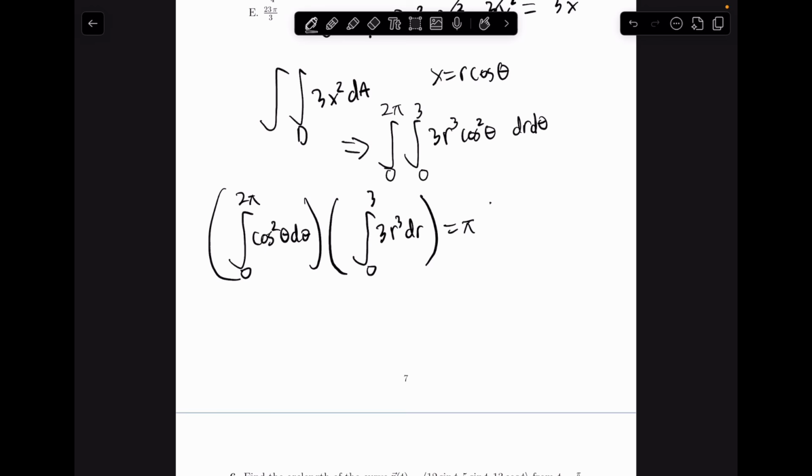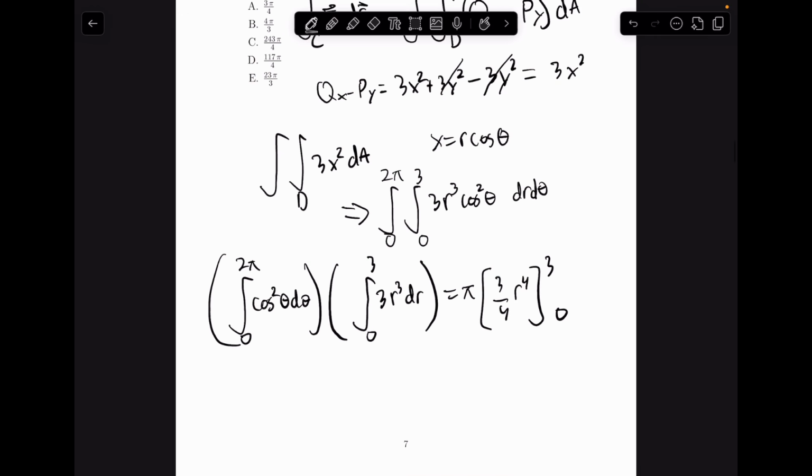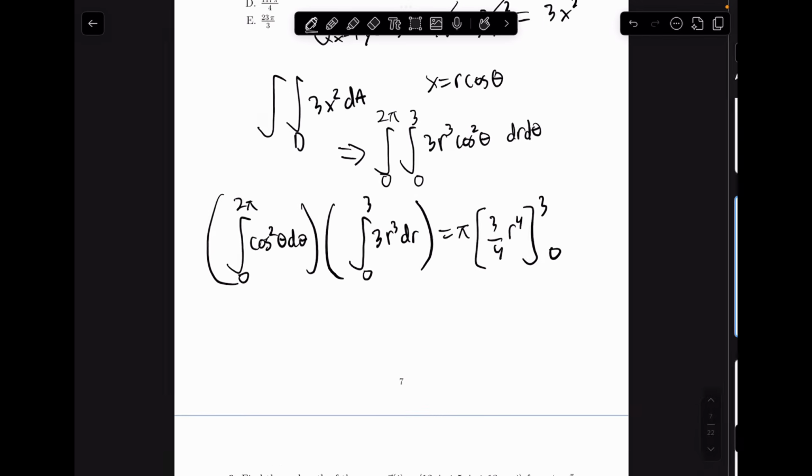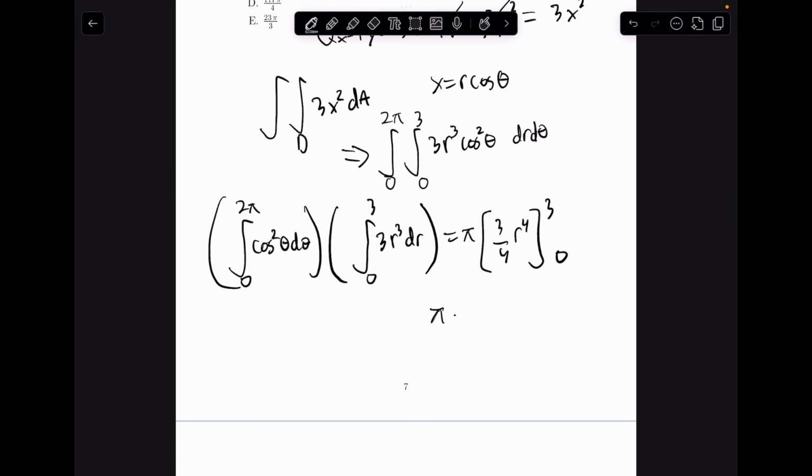So we're going to get 3 over 4 r to the fourth from 3 to 0, which is not that bad, thankfully. So we're going to get pi times 3 times 3 to the fourth power. 3 to the fourth, you can think of 9 times 9, which is 81.